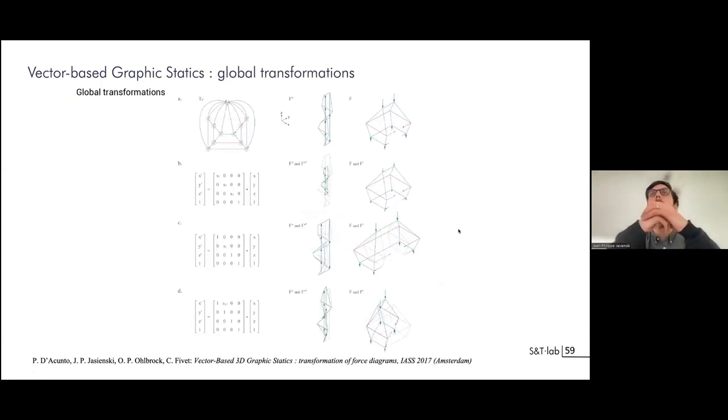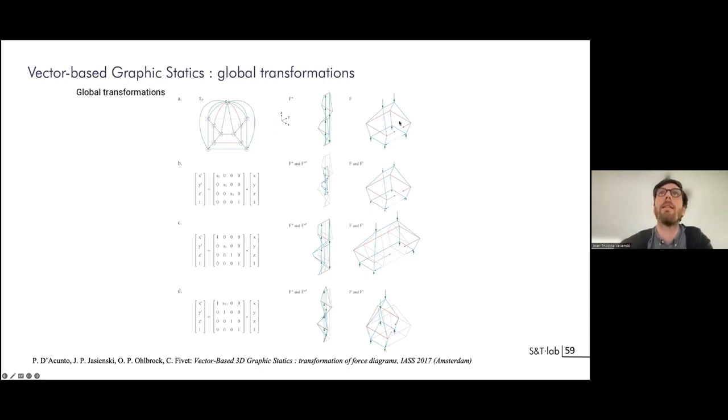So after you have your force diagram, you want to transform it to achieve specific geometry, modify the structure according to constraints. You want more height in one space or another space to be wider, or modify the forces to be aligned, to be smaller.